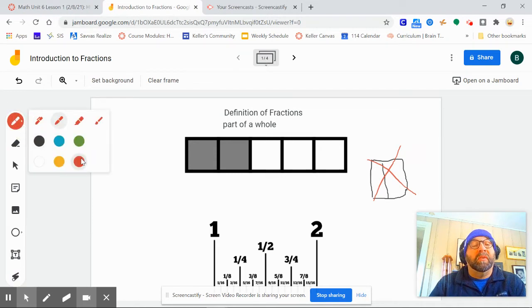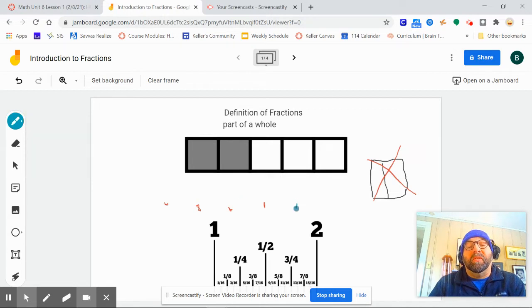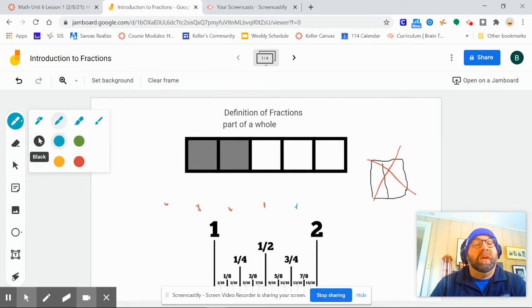Another way that you're going to see fractions is, say for instance, we're working with Skittles, and we have these red Skittles here. So here's red Skittle 1, red Skittle 2, red Skittle 3, red Skittle 4, and then all of a sudden we have a blue Skittle within our red Skittles. We can look at parts of a whole, the whole being all of the Skittles.